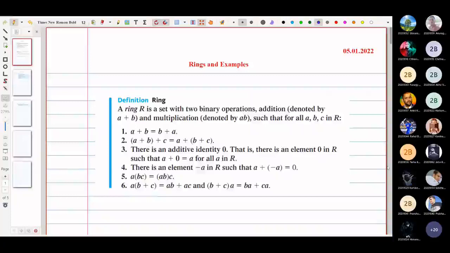Yesterday we discussed certain examples of ring along with its definitions, and we also came to know that a ring may or may not have an identity element.